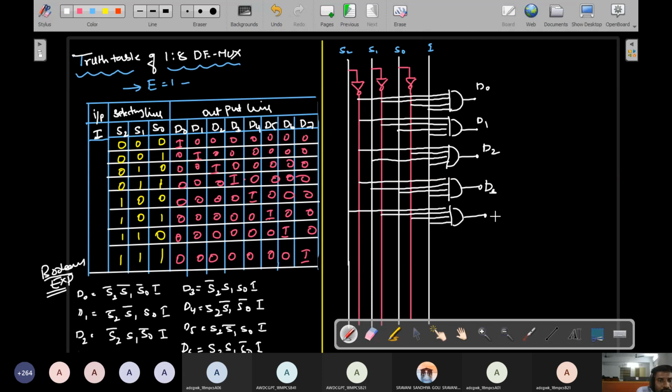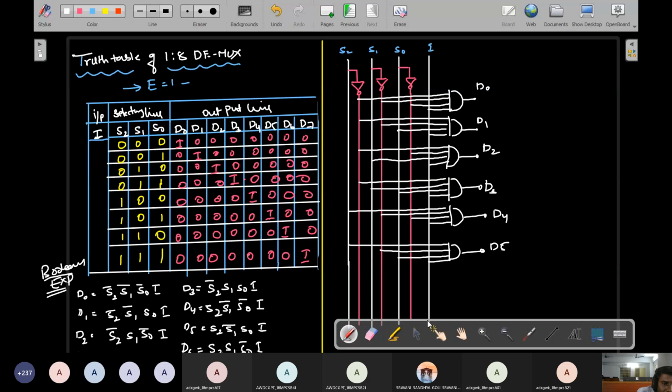Next D5 is S2, S1 bar, and S0 and input.